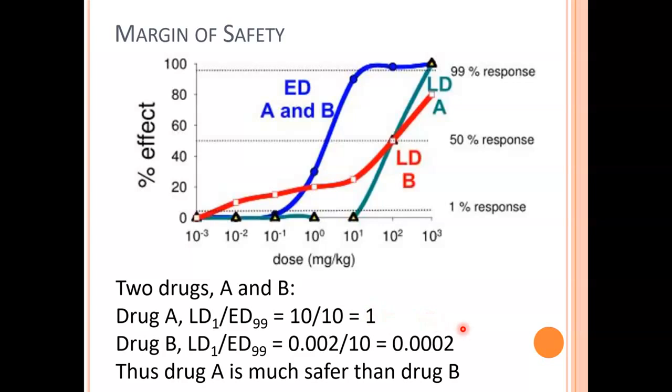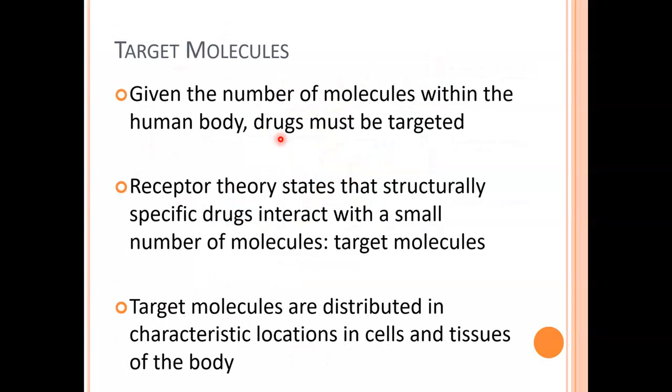Drug B has a therapeutic index of 0.0002, which is extremely small compared to drug A. So drug A is much, much safer than drug B if you use the LD1 divided by the ED99, as you should, whereas if you're using the LD50 divided by the ED50, there is no difference between the two drugs, even though there obviously is in terms of deaths from drug B.